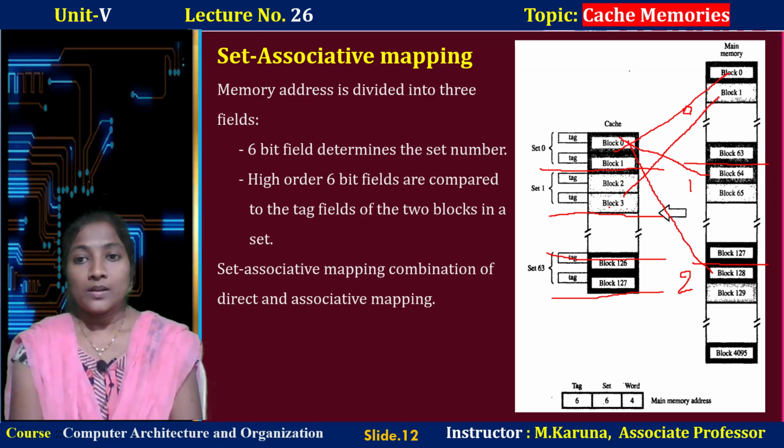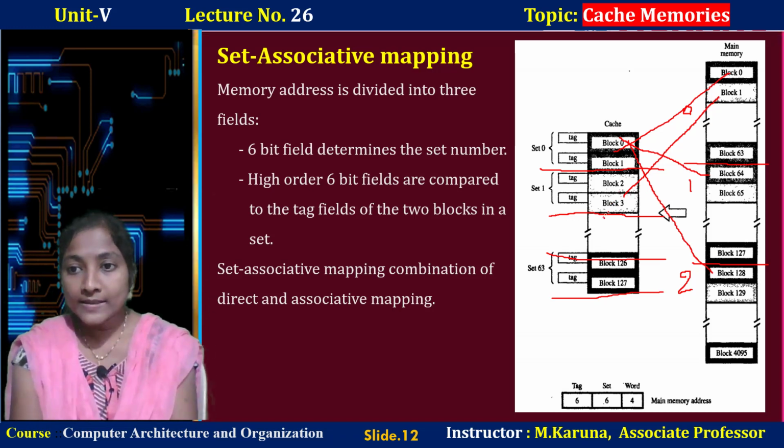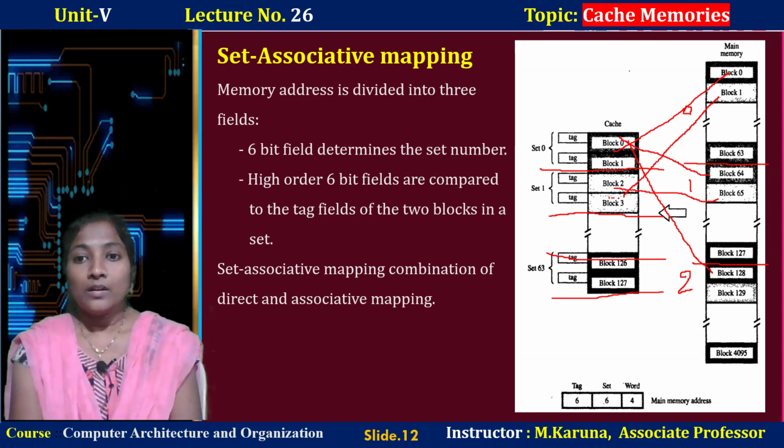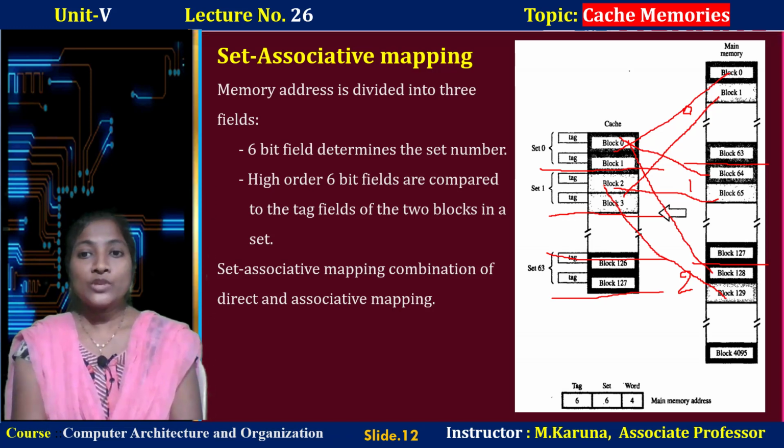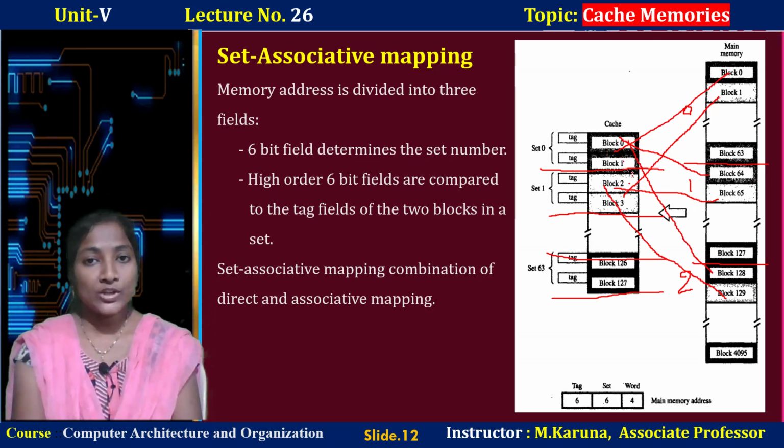Next, block 65 from the second group should occupy set 1 of the cache memory, either block 2 or block 3. Next, block 129 should occupy set 1 of the cache memory. Likewise, data from the main memory is copied into cache memory.